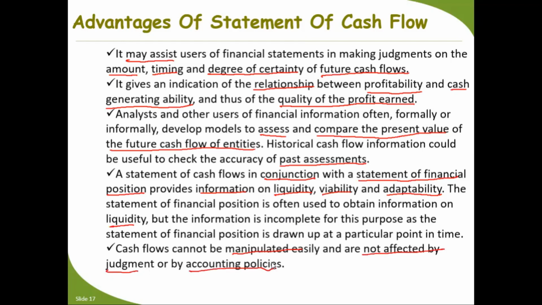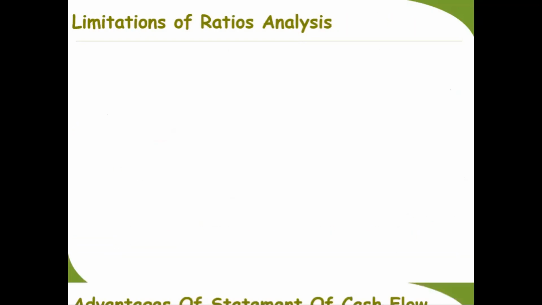You know that sometimes different standards allow different accounting policies. So it's not a violation of principle and rule. Even though by using different accounting policies you may be able to alter your profits, that will not affect your cash flows. So that's why cash flow statement information is considered more accurate. There is no window dressing in that information.